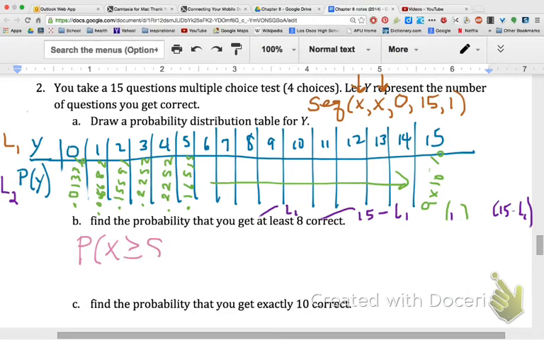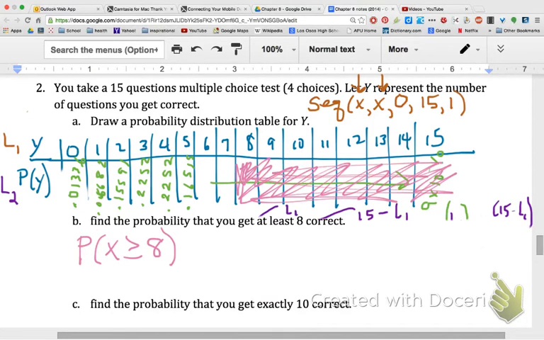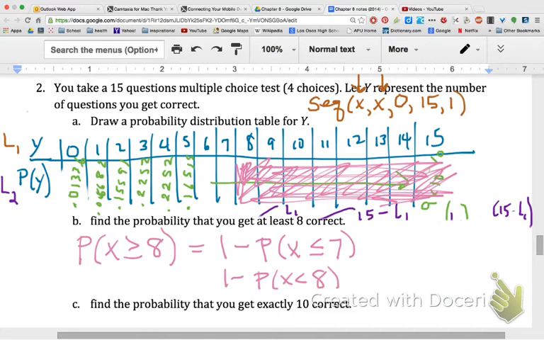So that would be greater than or equal to 8. So I want these ones here. And remember, when I use binomial CDF, which is cumulative, it's going to add up from 0 to the beginning, so I don't want that. I want the later stuff, so I'll do 1 minus everything less than or equal to 7. Keep in mind, I could also write this as less than 8. Those mean the same thing because it is discrete.